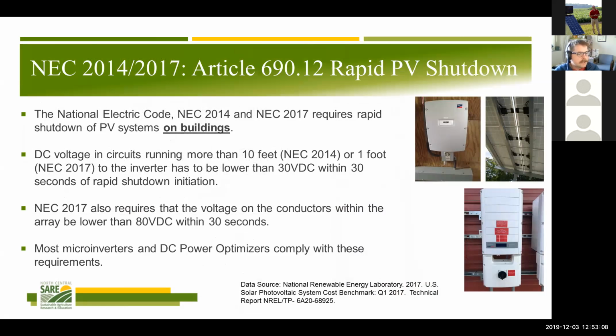Rapid shutdown is not something we need to get into a lot of detail on. It is an electric code compliance issue, and it is one that I like to ask an installer, if a system needs rapid shutdown, because I think that they need to be very well read on that particular topic. And if they can't rattle off an answer that is sufficient, I know that they're not well read on the electric code.